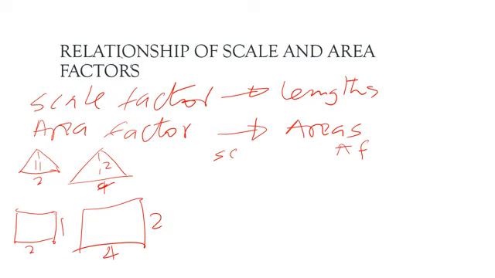For the scale factor of this one, we know it's the ratio. We can choose any. If we choose the base, it is 4/2, which is 2/1. That's the scale factor of that first part. For the area factor, you find the area of that and the area of that.